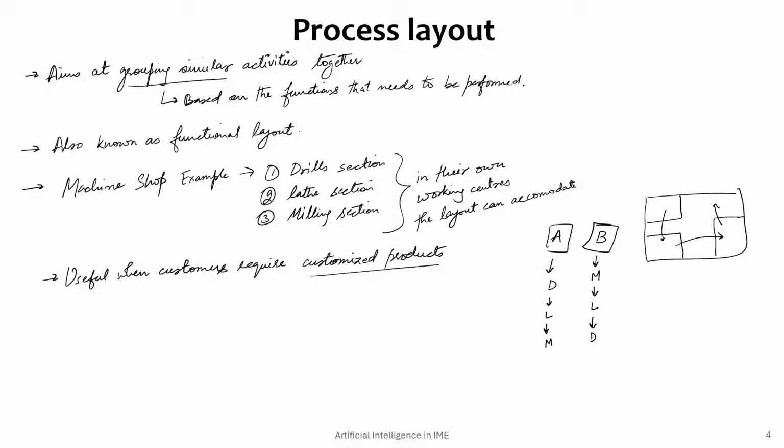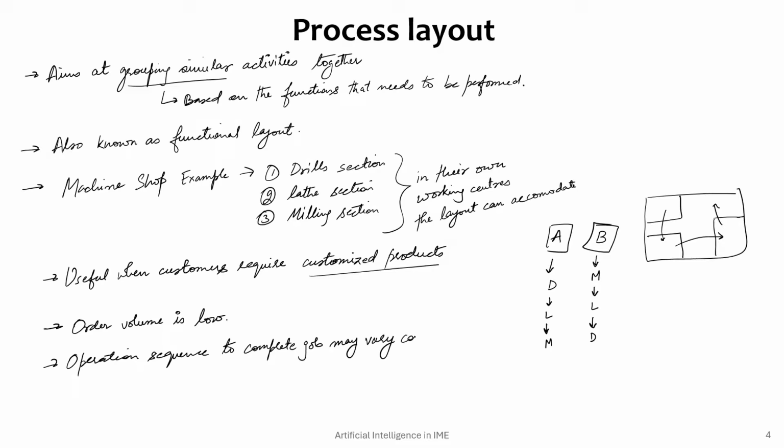Okay. So, in these kinds of systems the order volume is very low because you are developing customized products. So, the volume is not that high. Okay. And the operation sequence to complete a job may vary considerably.